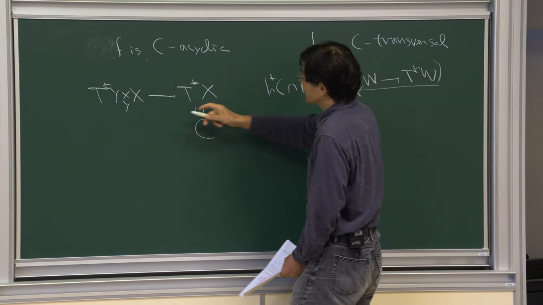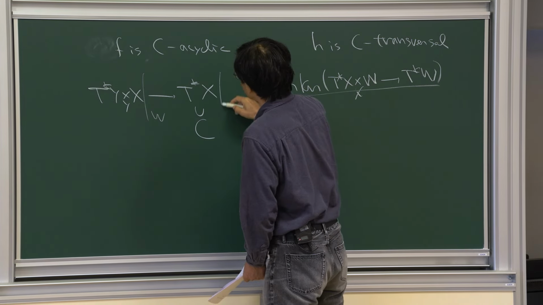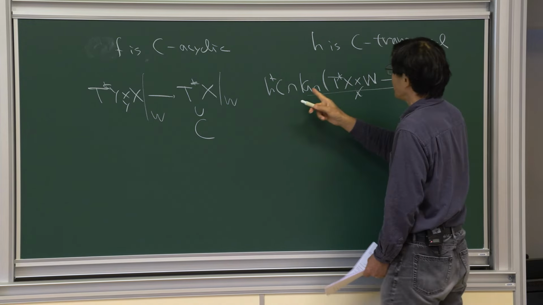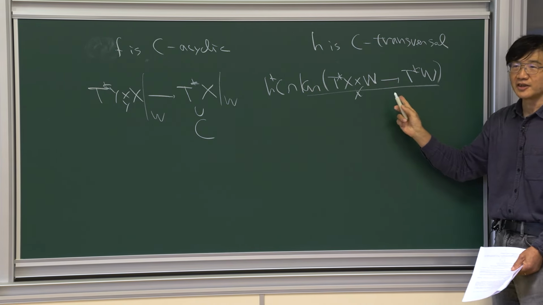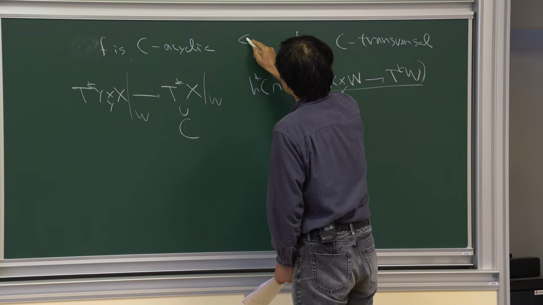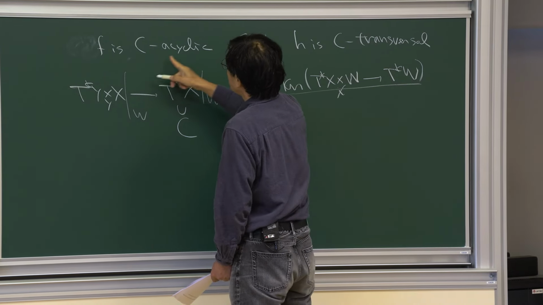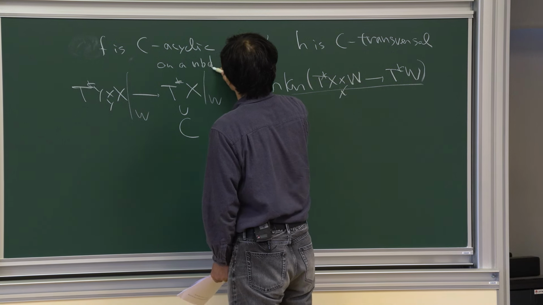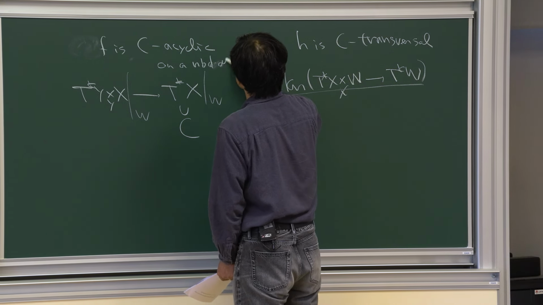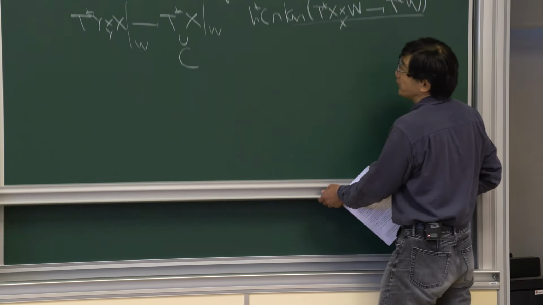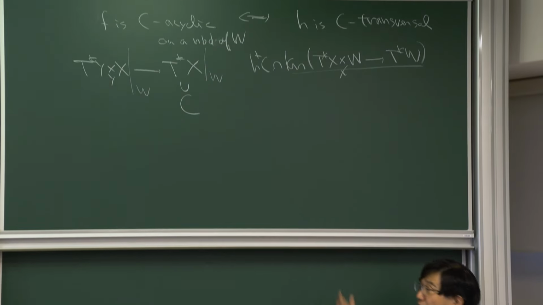If you restrict this to W, then this is exactly the kernel here. So the condition here means that F is C acyclic on a neighborhood of the point, so we have such an equivalence.